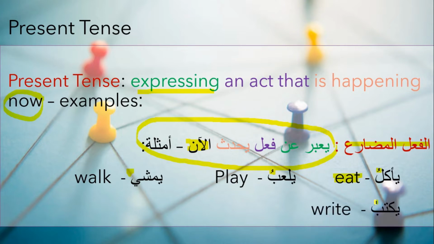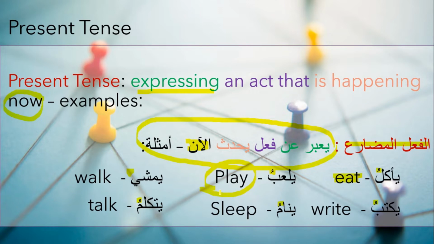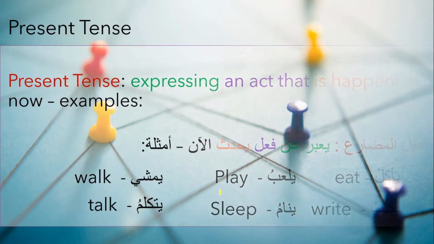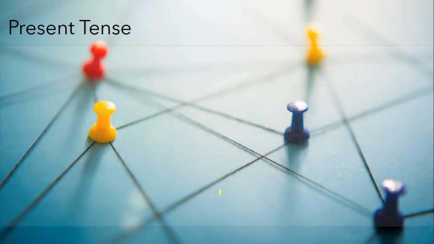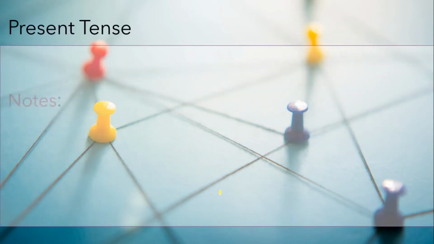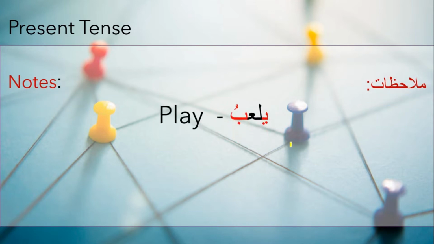As you can see here, I did not use the ضمة, which is the diacritical mark, because here is a vowel. يكتب, write. ينام, sleep. يتكلم, talk. So play here is going to be our example to be used throughout this presentation.